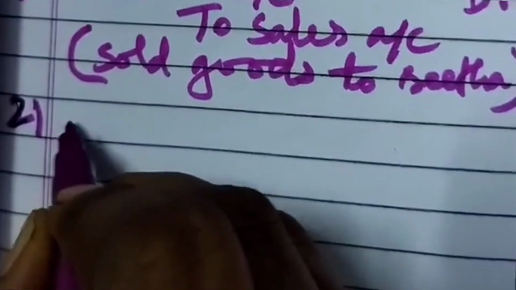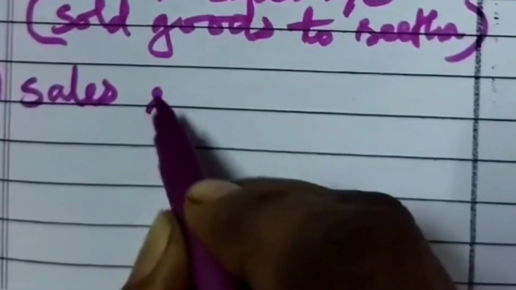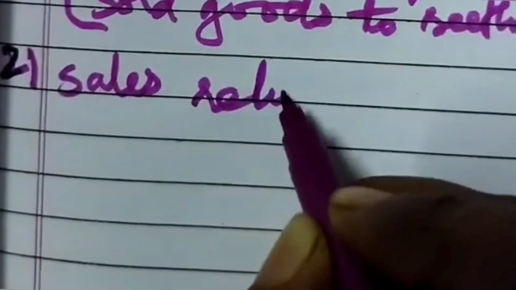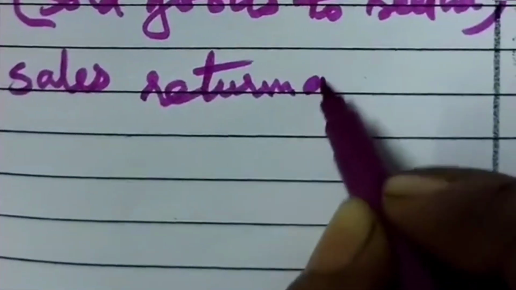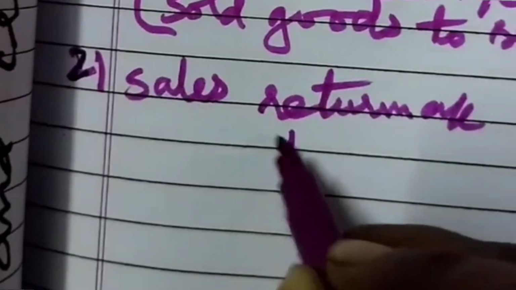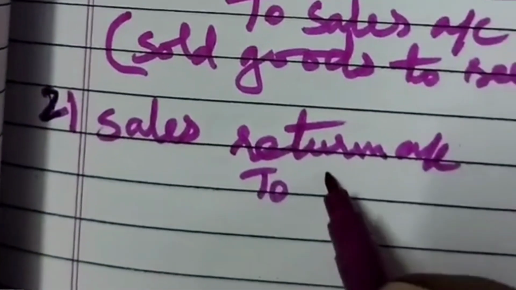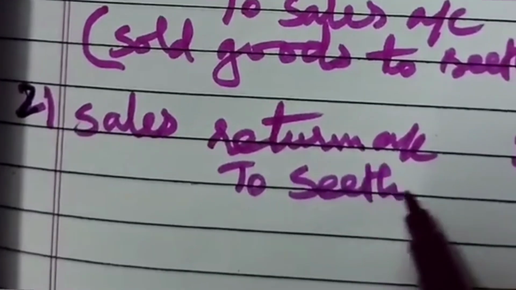So sales return account debtor to, who is the giver? Sita is the giver. So to Sita account. What's the narration?